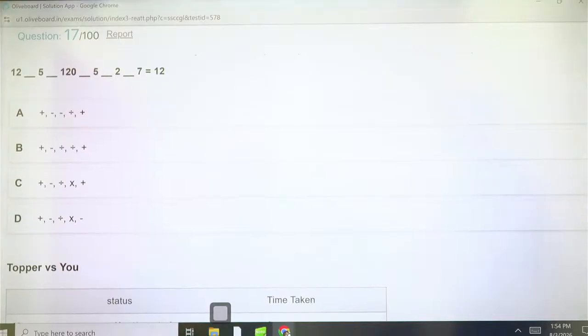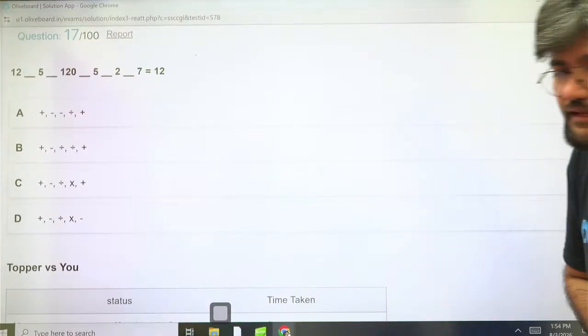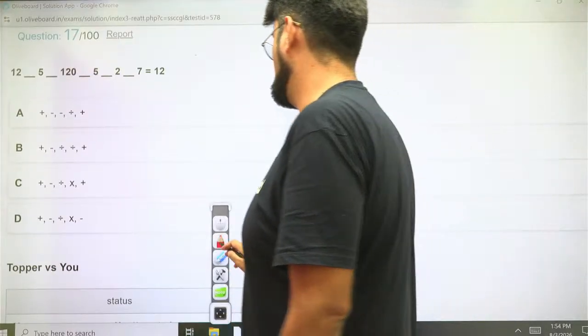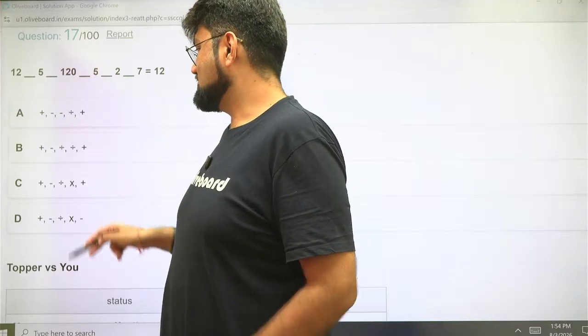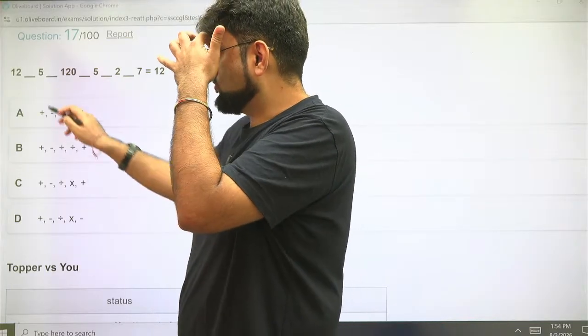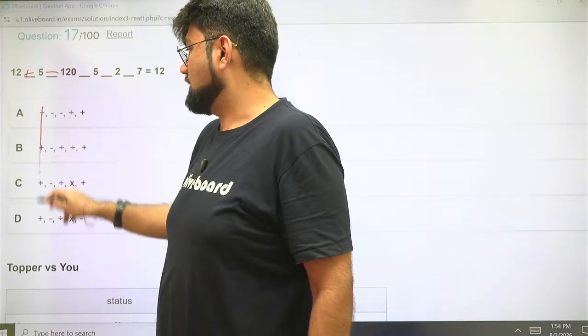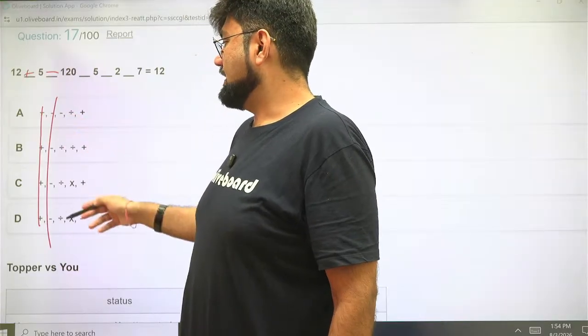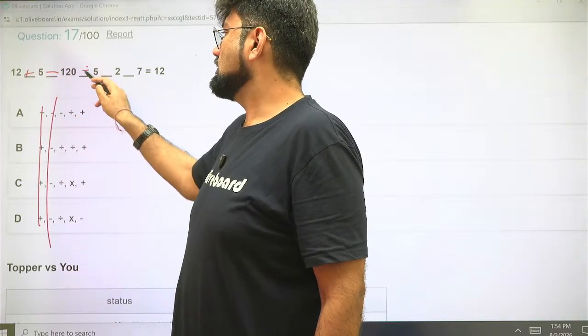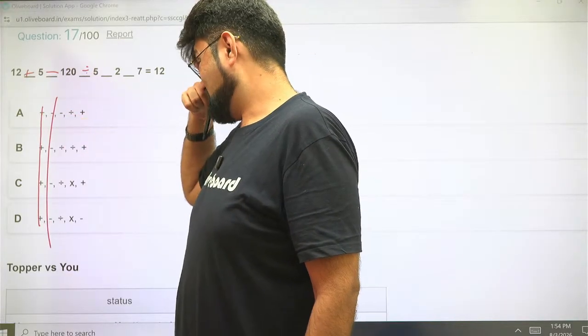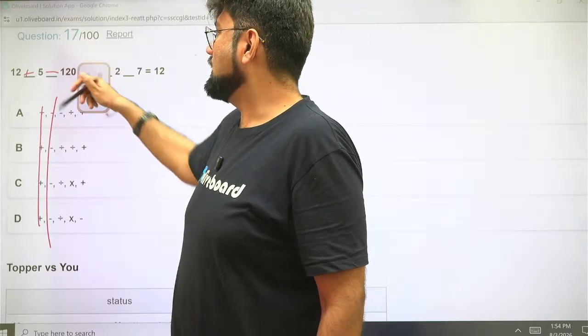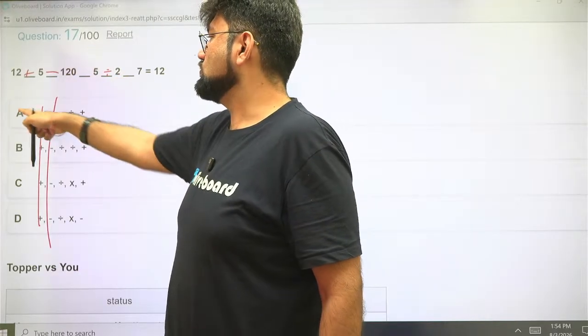Okay, we need to fill the combination of mathematical symbols to find the correct answer here to make it logical. So we look at the division sign first. Divide is, okay, first two are plus and minus only. So this is not a problem at all. Now we have divide here in 3 options. And we have divide here in 2 options. Divide alone here is not making any sense. So this is useless.